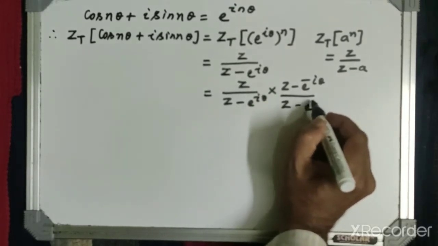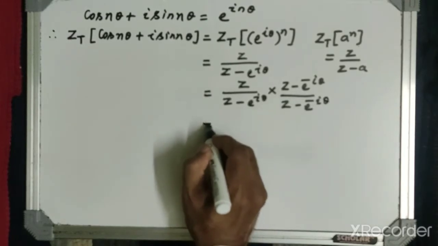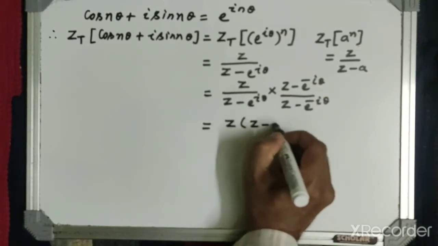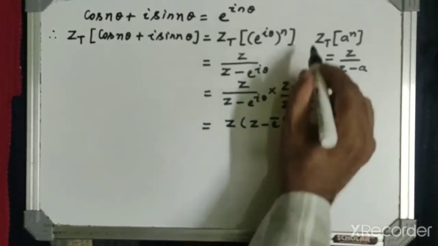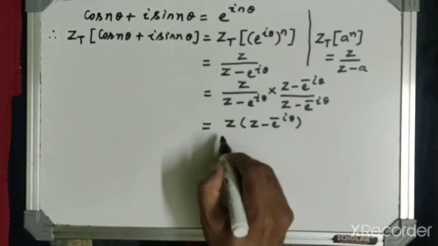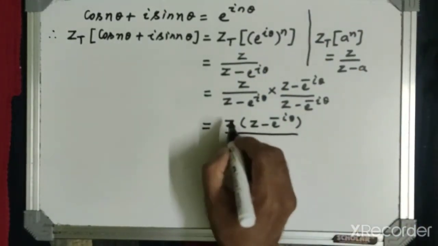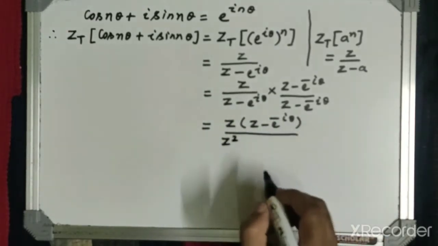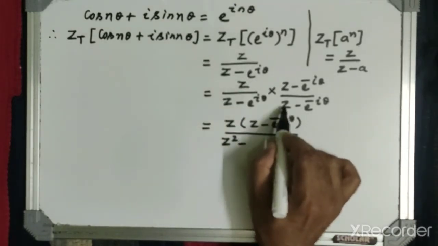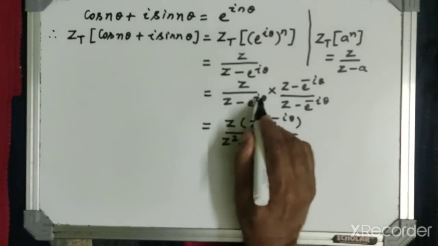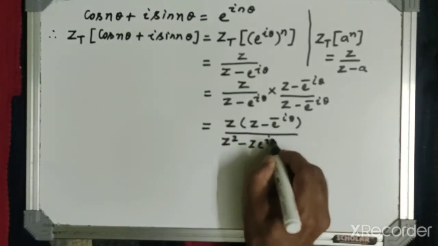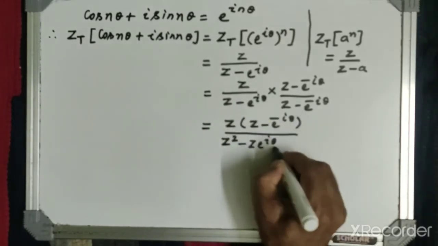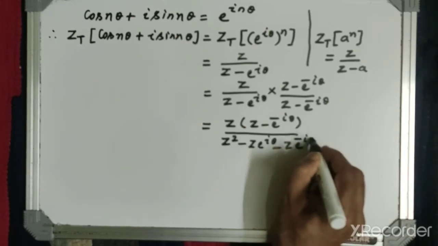Therefore this becomes z times z minus e power minus i theta, divided by, if I multiply these two, z into z, z square, minus z into e power i theta, minus z into e power minus i theta.